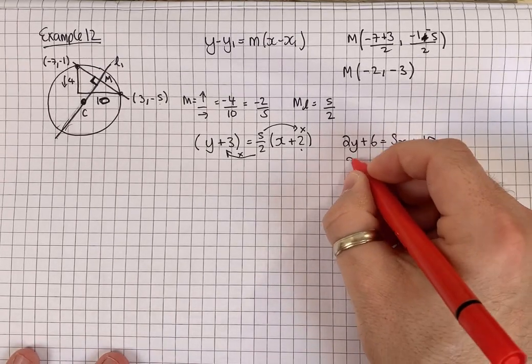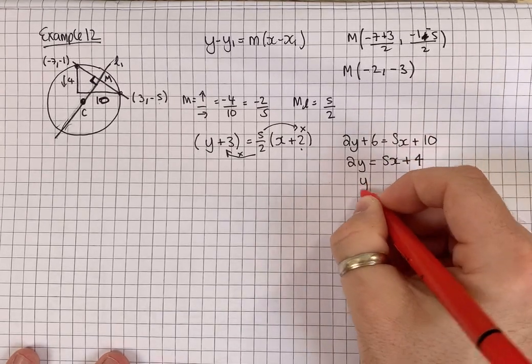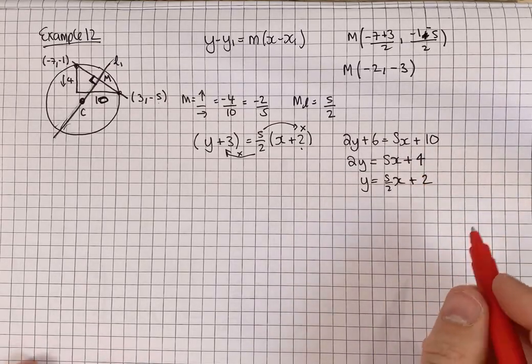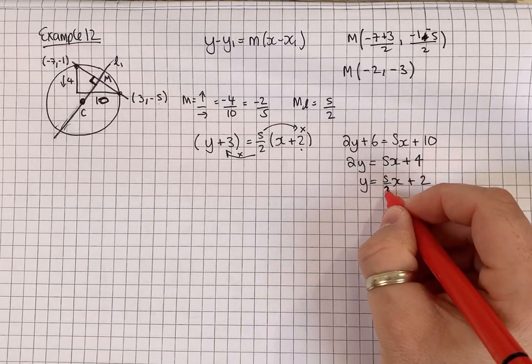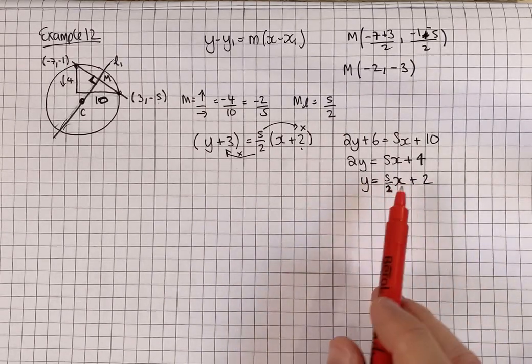Let's make it 2y equals 5x plus 4, y equals 5 over 2 x plus 2. I didn't know what form I need to leave it in, but often y equals mx plus c is good if you've got a part B, because you might need to use this answer.